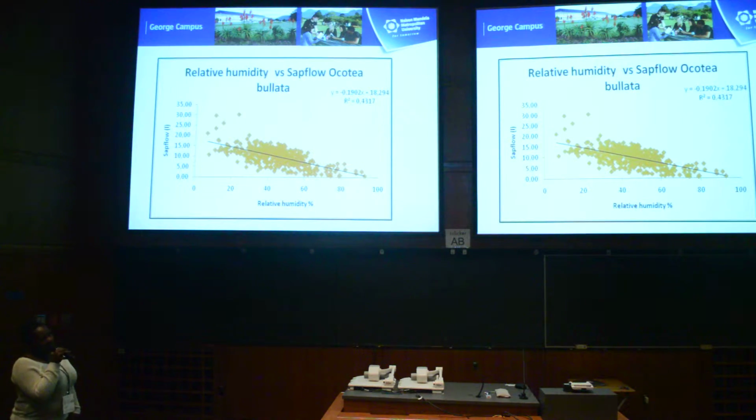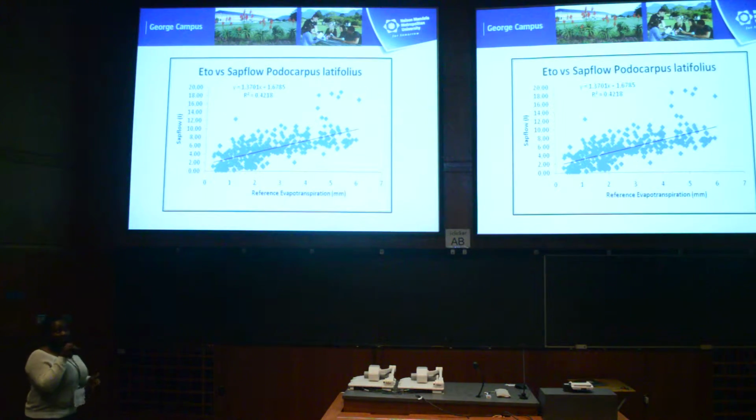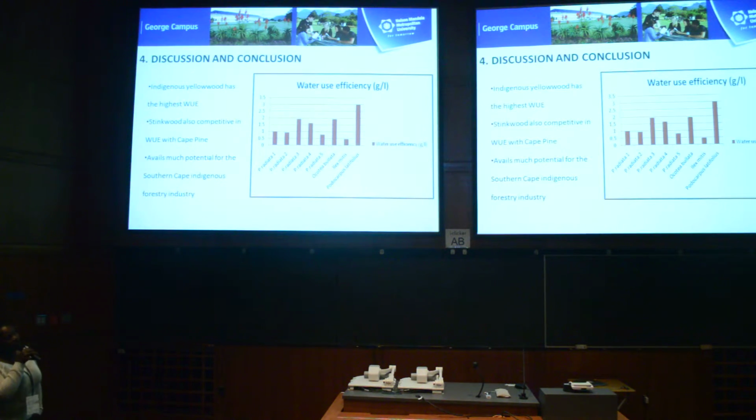And one of the things that I think might have caused the Podocarpus latifolius to be very efficient is because we also have the gap dynamic system, like the other lady was saying yesterday, that when a big giant falls and then there's sunlight, that's how the Afro-temperate subcanopy species just start going high up into the tree. So yeah, we're just speculating that that's one of the reasons, but it is definitely an area for us to keep going on and see if we could actually get good timber and use less water in a water-scarce country like South Africa.